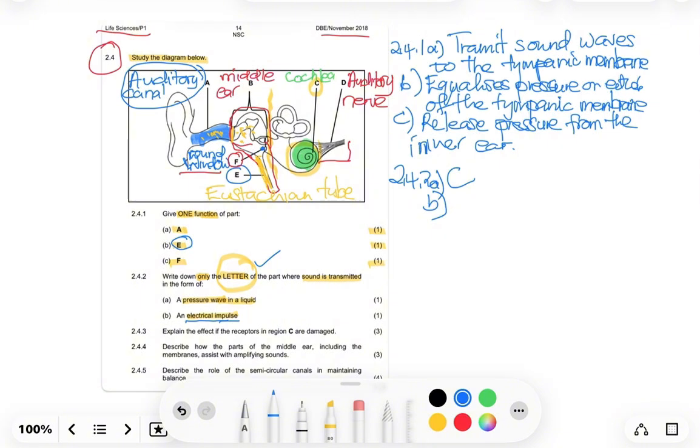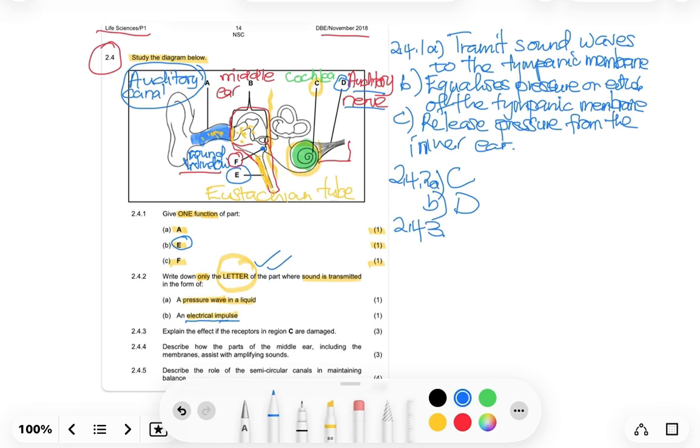All right, so the electric impulse is only transmitted by this part, which is D, our auditory nerve. But our question is asking us for the letter, so we're just going to write the letter D. Now, let's move on to question 2.4.3.